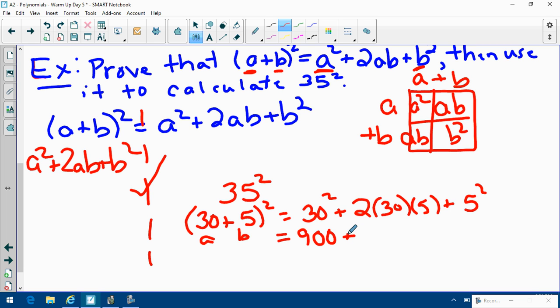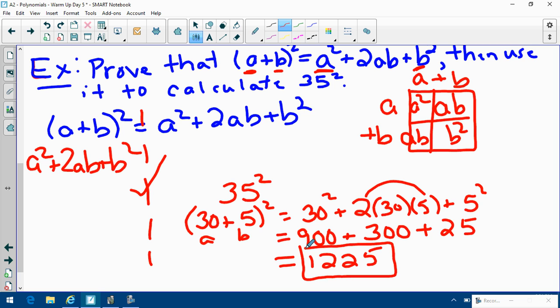Plus, I would do 2 times 5 is 10, and 10 times 30 is 300. And 5 squared is 25. So it looks like we've got 900 plus 300, which is 1200, plus 25, 1225. So that's not the only way to answer that question, but that's one option.